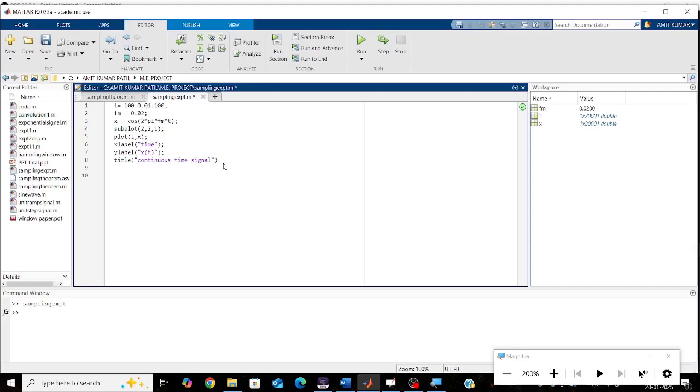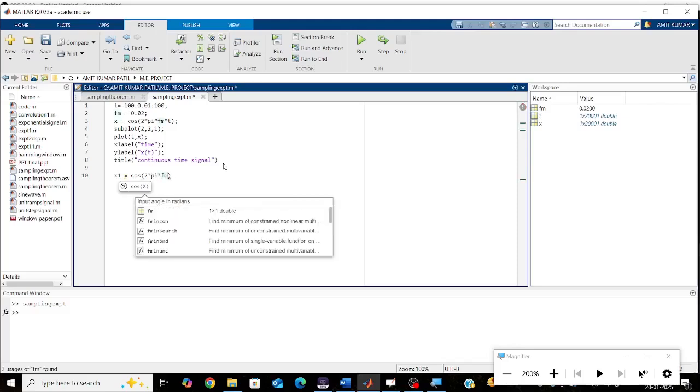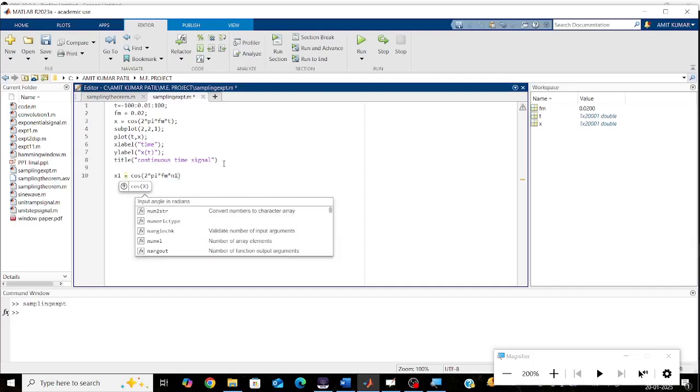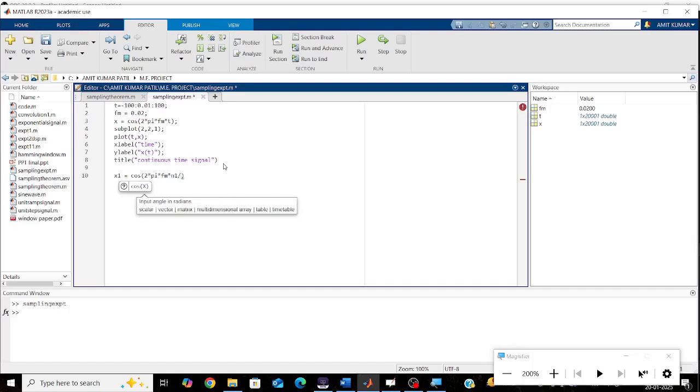For plotting the graph, since we have taken x earlier, now I will take x1. x1 is equal to cos or sine, anyone you can take, 2 multiplied by pi multiplied by fm multiplied by t1. What is t1? n1 divided by fs1.